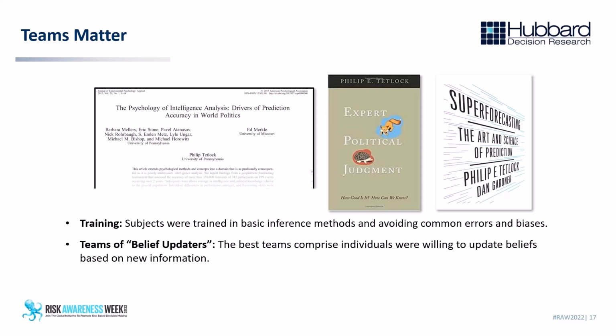Those teams need to be comprised of individuals who he called belief updaters. These are people who are willing to change their positions based on new information. This is apparently not a universal human trait. There's a lot of people that when they're challenged will double down on their initial beliefs no matter what you tell them. But Tetlock showed that you can be trained to be much better at subjectively assessing your uncertainty and get better at forecasting the future. So it's something that you can be trained to get a little bit better at.